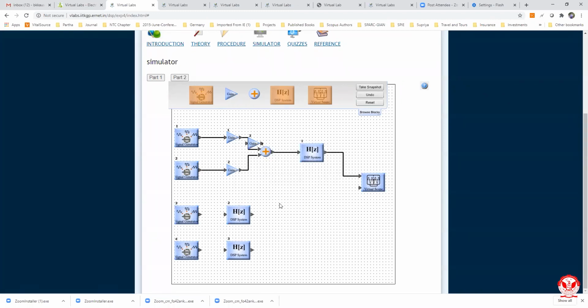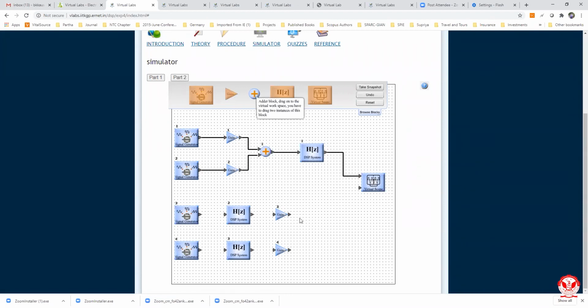After this we pass it through the gain. Gain first one, because here it is x1, so we provide the gain 1 here. Next we select here and place here. The gain is 2. Okay.